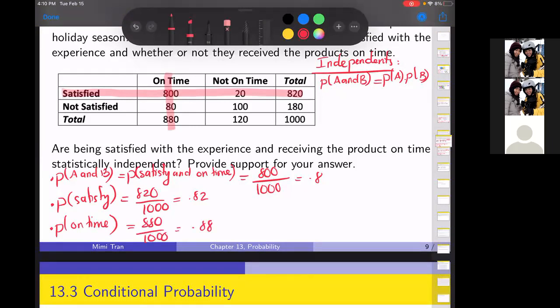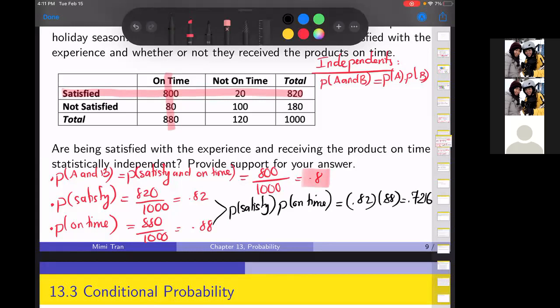Okay, so your left-hand side is 0.8. Let's see the right-hand side. I'm gonna take P of satisfied times P of on time, which is equal to 0.82 times 0.88. That's 0.7216.